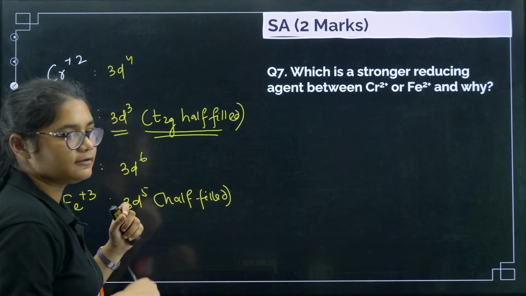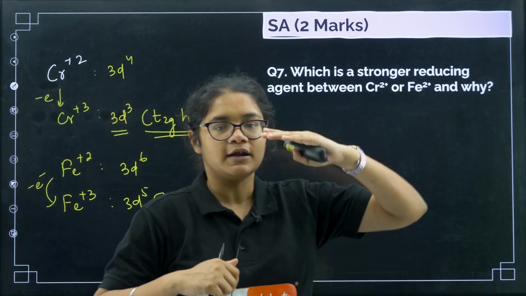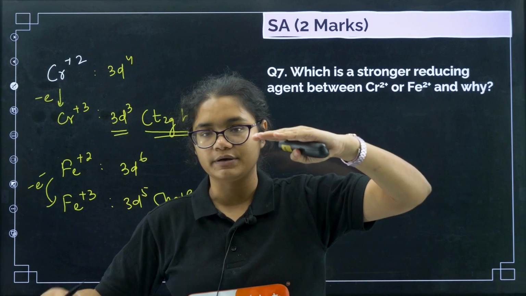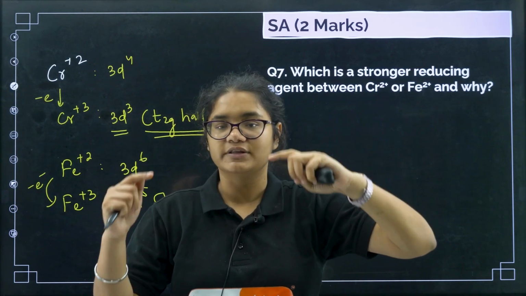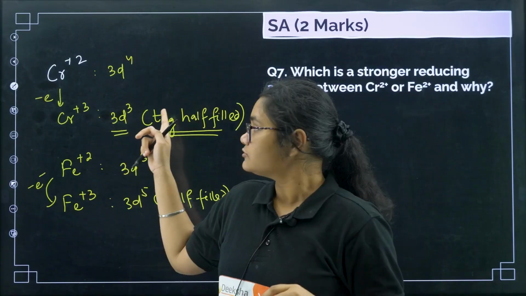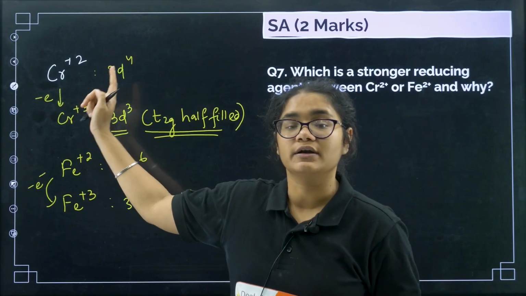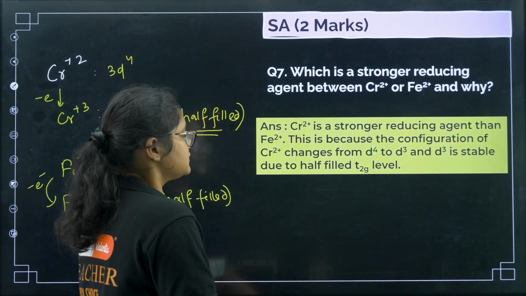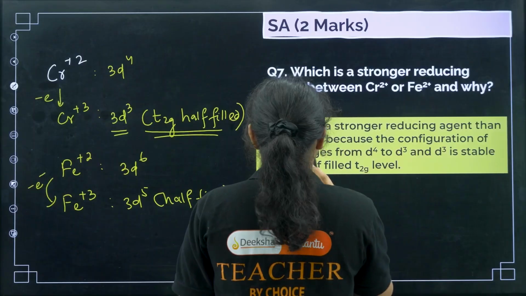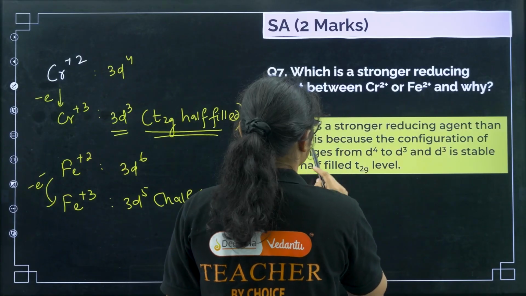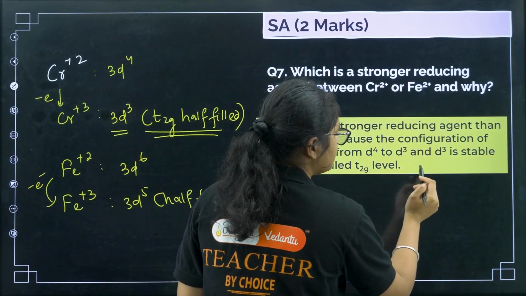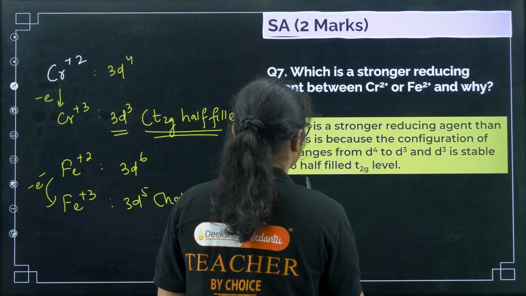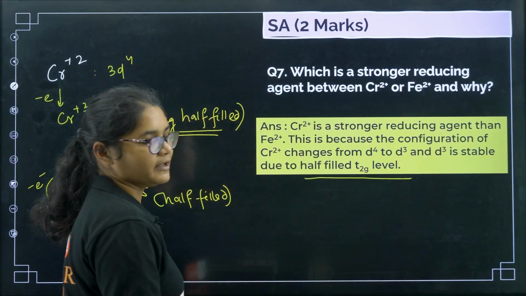The reason, again, if you have learned coordination chemistry, you know the t2g orbital energy level is less than the d orbitals, so they are more stable. That is why Cr2+ will be a stronger reducing agent than Fe2+. This is because the configuration of Cr2+ changes from d4 to d3, and d3 is stable due to the half-filled t2g level.